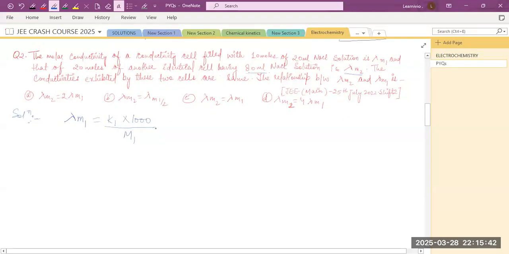Let's substitute the values. First calculate the molarity M1. What will be the molarity? It is the number of moles upon the volume in liters. Just tell me, calculate the molarity for the first solution.